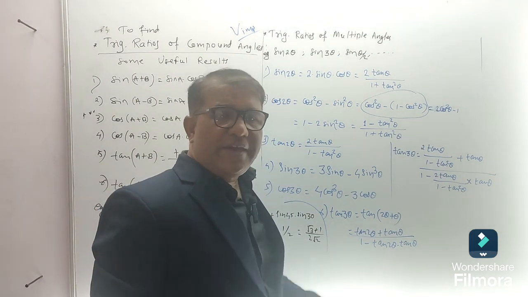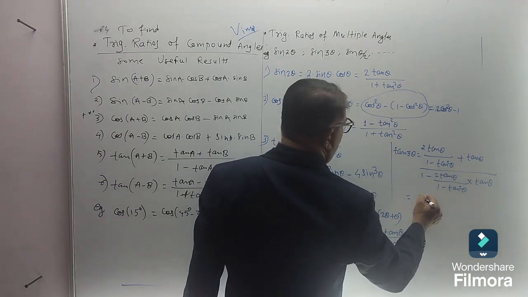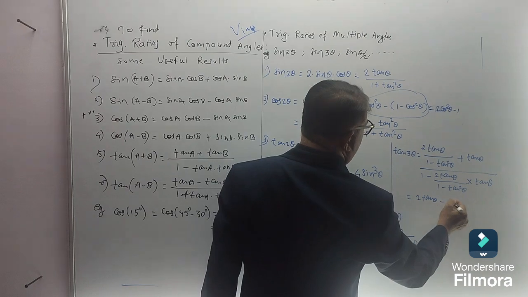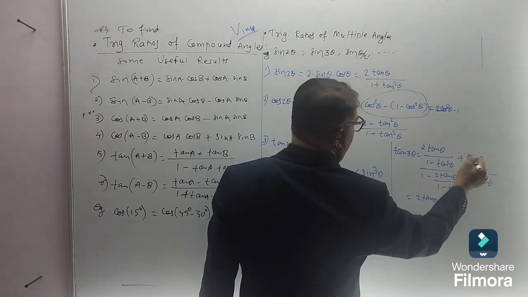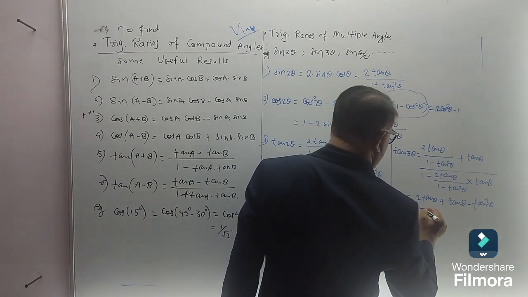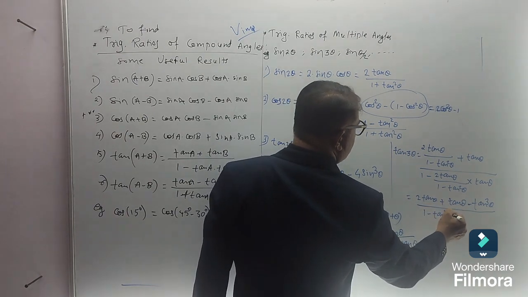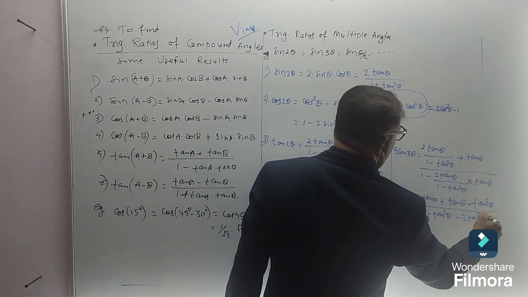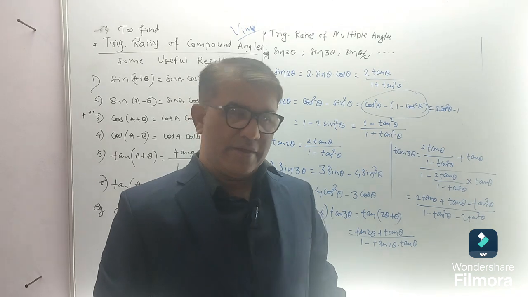After simplifying, cross multiplying, we get 2 tan theta plus tan theta minus tan cube theta, and in the denominator 1 minus tan square theta minus 2 tan square theta.